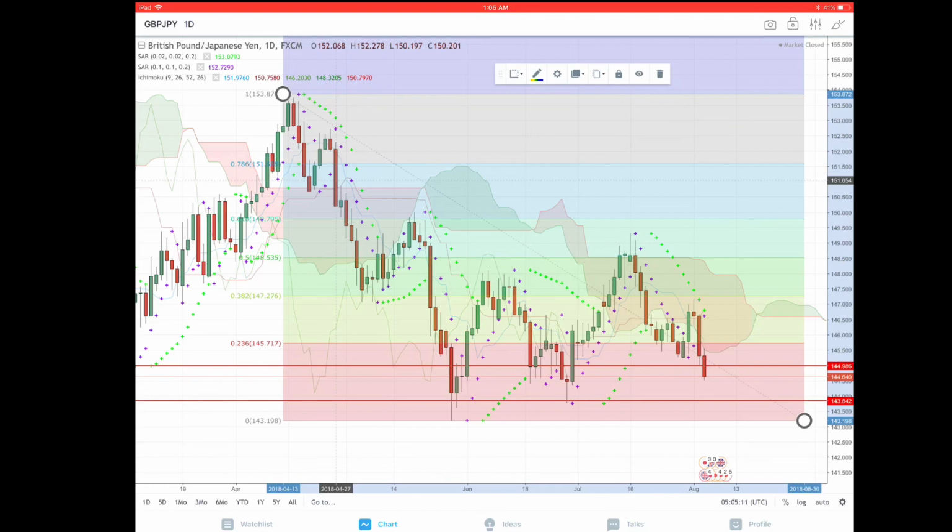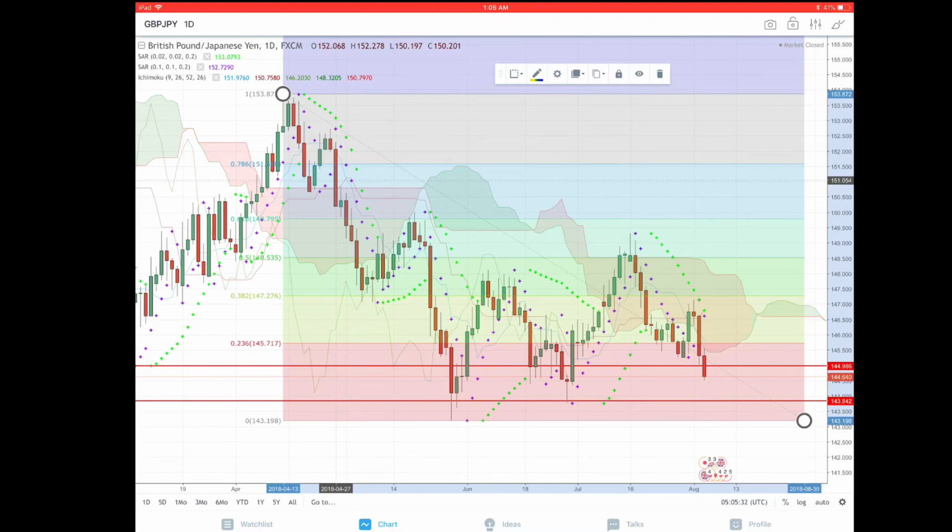So my synopsis or my hypothesis for the beginning of next week is you can definitely expect the price on GBPJPY to continue to fall. Why? Because we're in a downtrend.